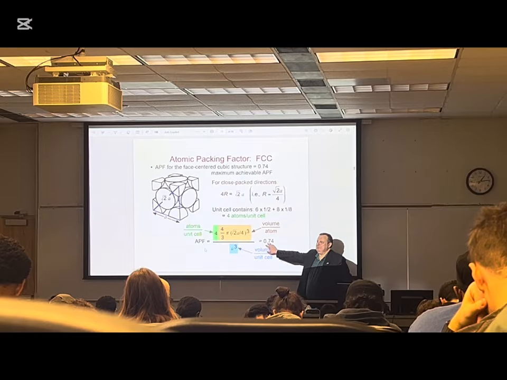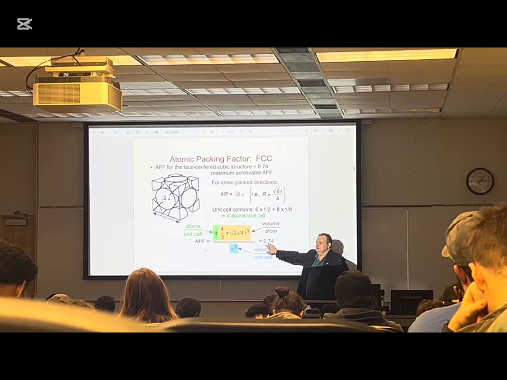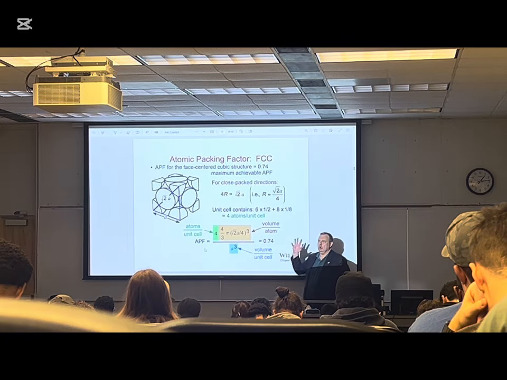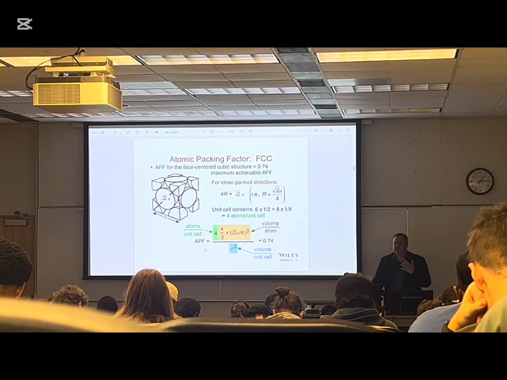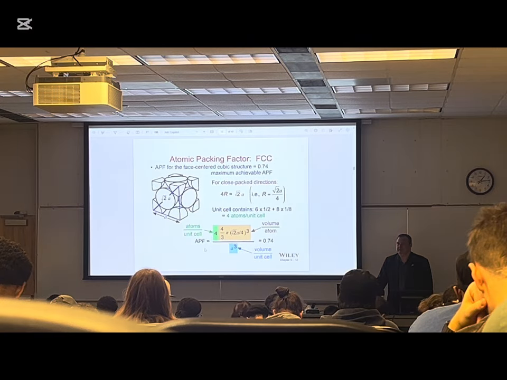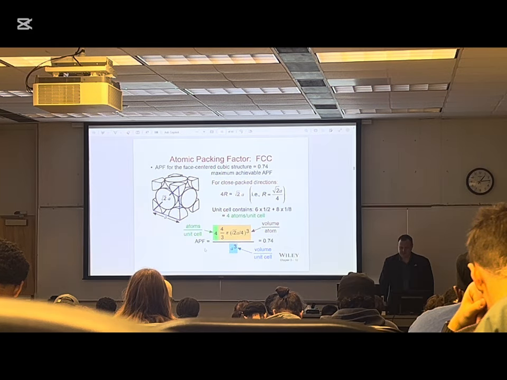And it doesn't get any better than that. There is no other way to pack those spheres in a denser way than in this kind of arrangement, which is the face-centered cubic arrangement.